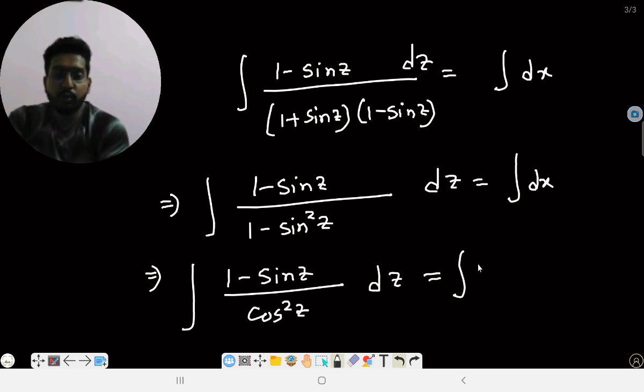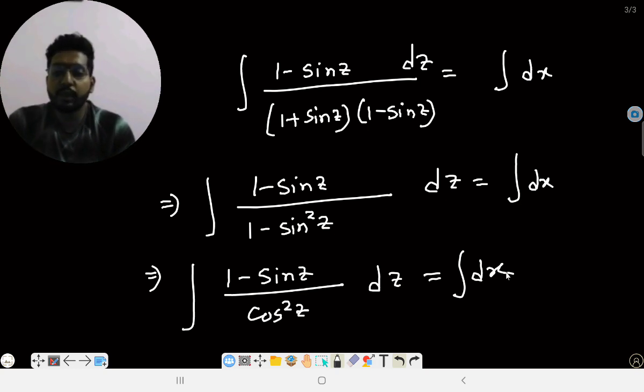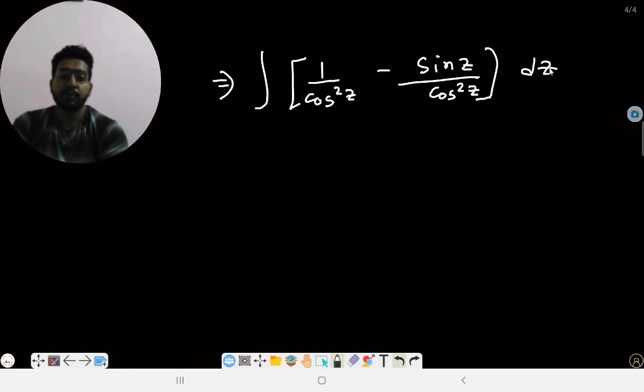So integration of (1 minus sine z) by cos square z dz equals integration of dx. Now simply separate this: integration of 1 by cos square z minus sine z by cos square z dz equals integration of dx.